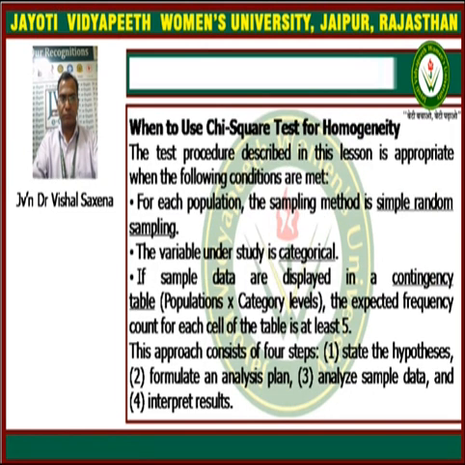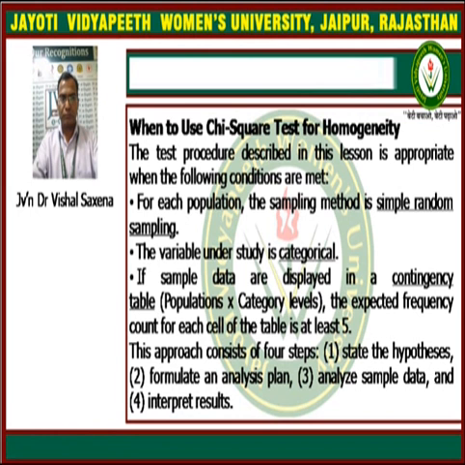When should the chi-square test of homogeneity be used? It should be used under various conditions. For each population, the sampling method is simple random sampling, so the sampling must be random.